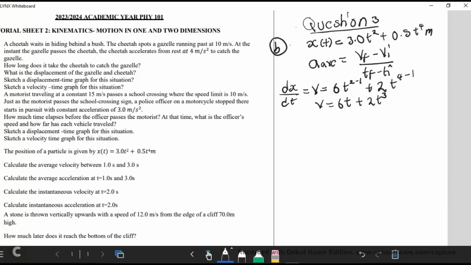Then remember the question is saying you have to calculate the average acceleration between 1 and 3. So the final velocity will be replaced by what? By 3.